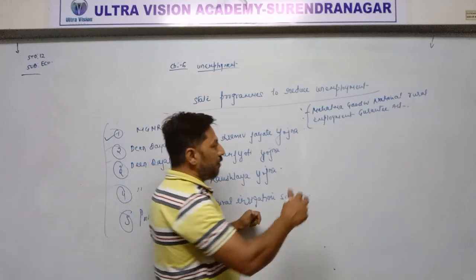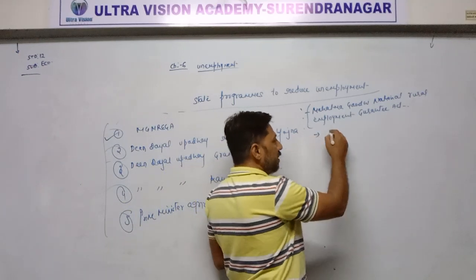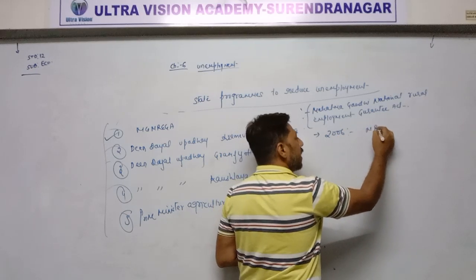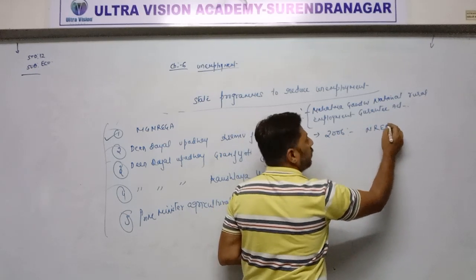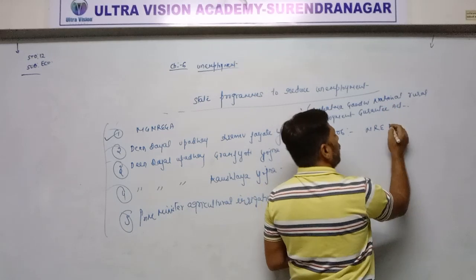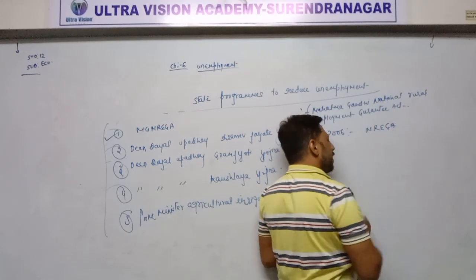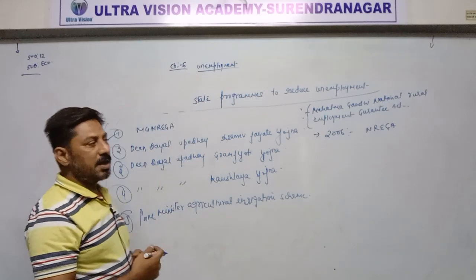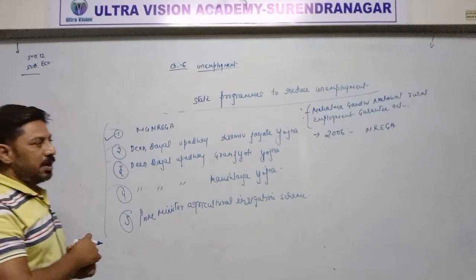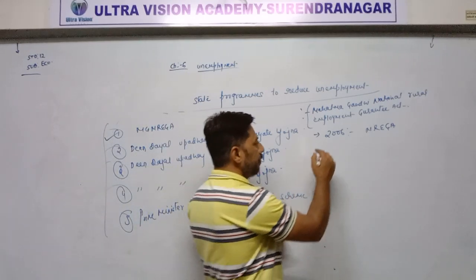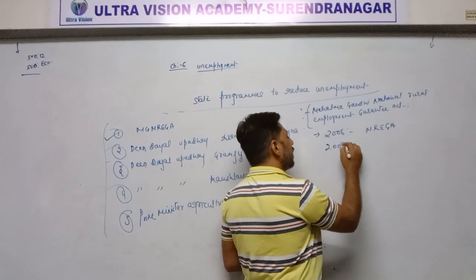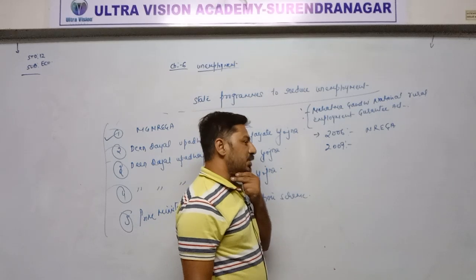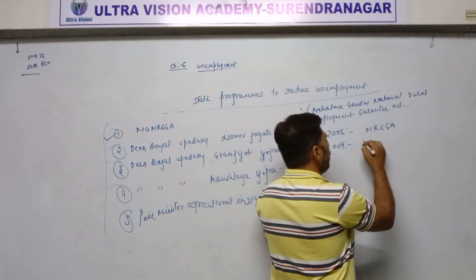This program was introduced in the year 2006 with the name NREGA, meaning National Rural Employment Guarantee Act. This program was started in 2006, but on 2nd October 2009, the name was changed and it became MGNREGA.